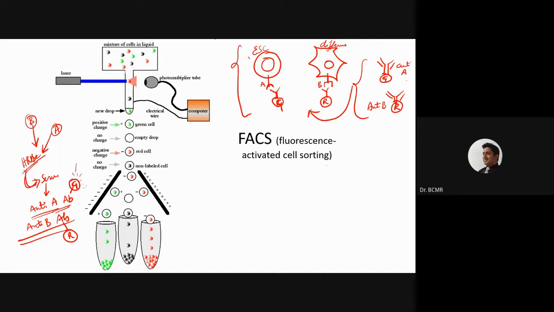What we should also ensure is that it is a single cell suspension. That means there are no clumps of cells. They should be free, individual, independent cells. Second, we should maintain their concentration in a way such that they remain in single cell suspension, and there are other considerations as well.